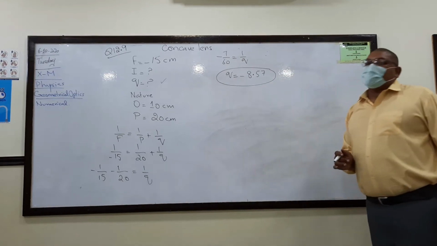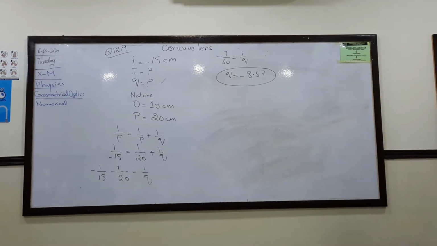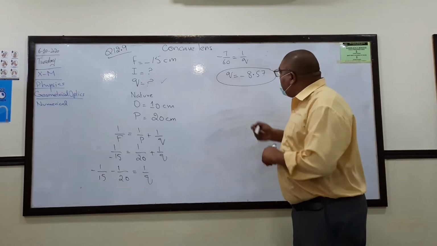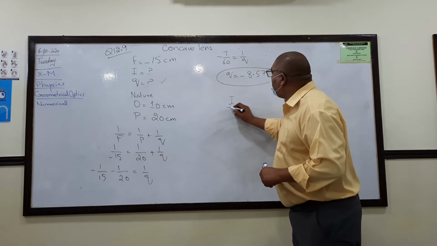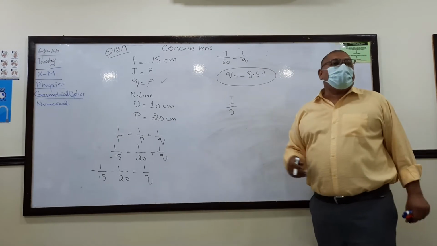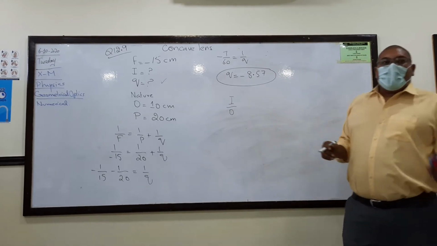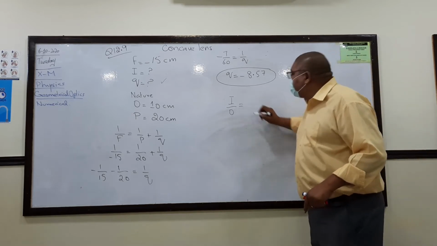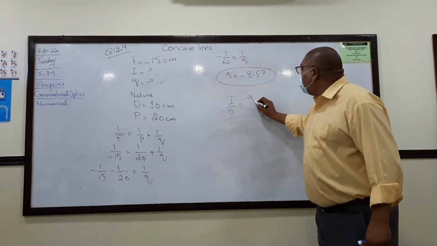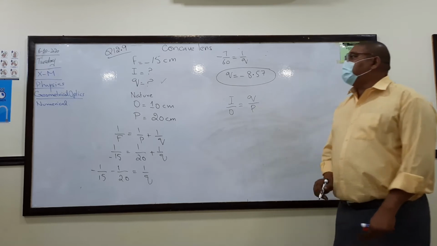The next thing he is asking is the height of the image. And we learned a relationship of the linear magnification. It says that I by O is the formula for the linear magnification. We have another formula for the linear magnification, that is q divided by p.